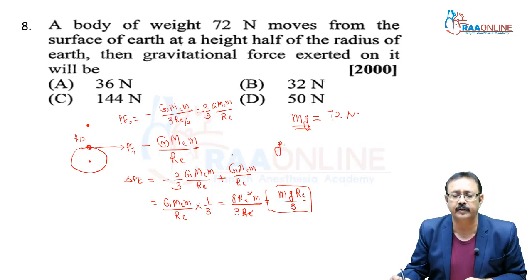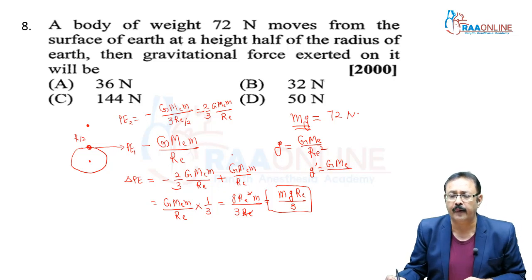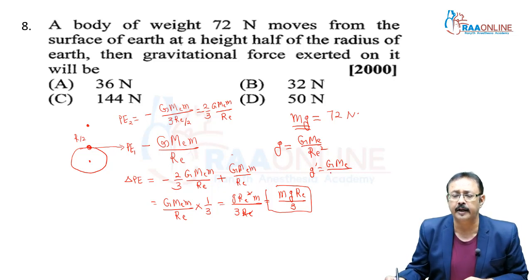We know that the value of g at that place, first we put on Earth's surface, was GMe divided by Re square. At that point, I am taking g dash, GMe divided by Re plus Re by 2, 3 Re by 2, means 9 Re square by 4.